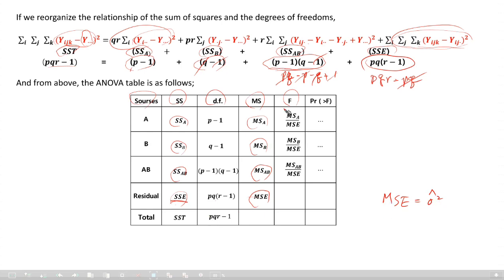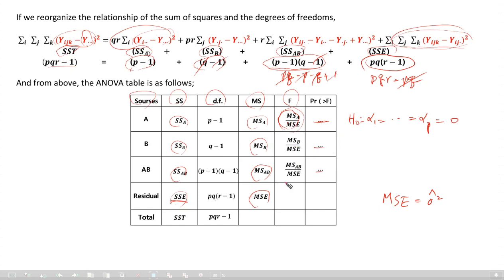So this value is the estimate of sigma squared. Understand that? And the F value is for the hypothesis test, with null hypothesis alpha 1 up to alpha p equal to 0. The value of the test statistic for this hypothesis is here, and the p-value is printed out here, for the three hypotheses.